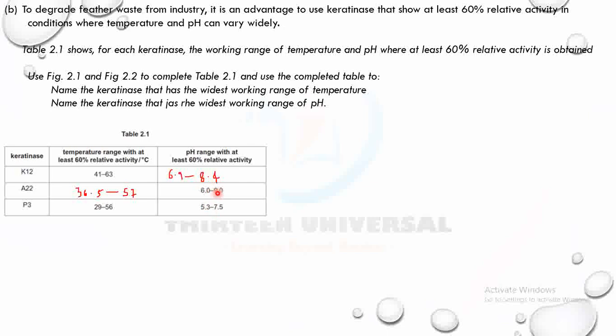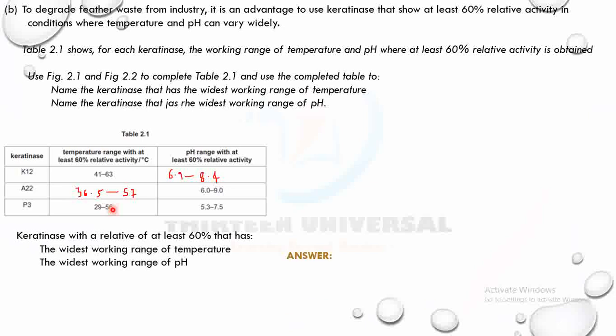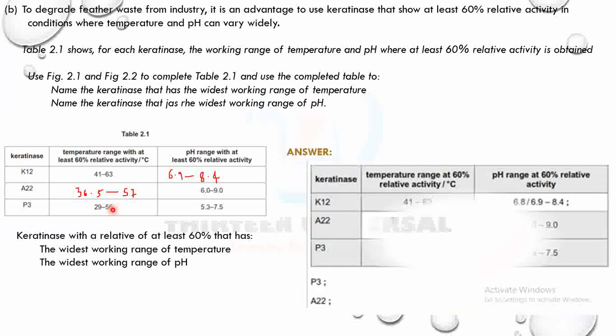So A22 has the widest pH, while P3 is widest for temperature. So you can see 36.5 to 57. So widest is P3 for temperature, and for pH is A22.